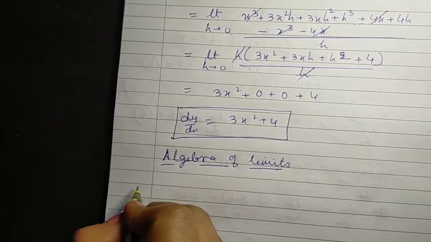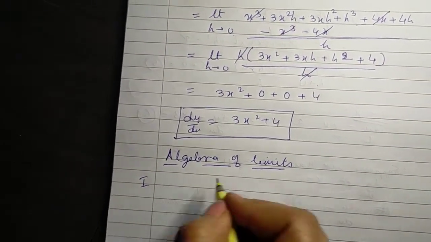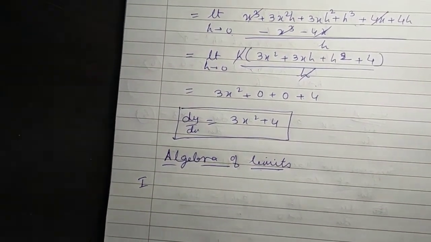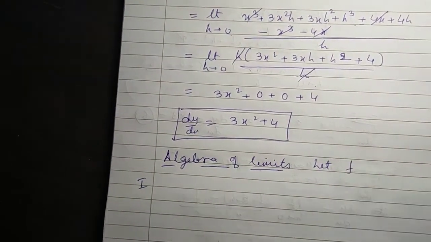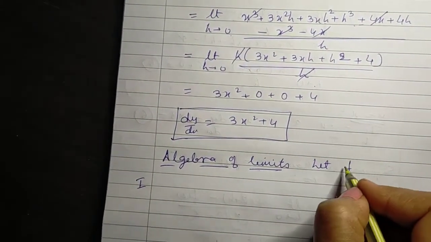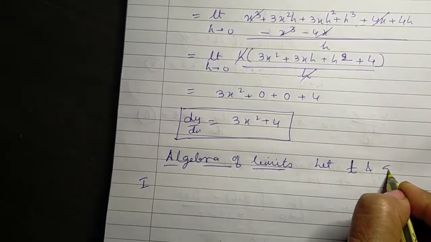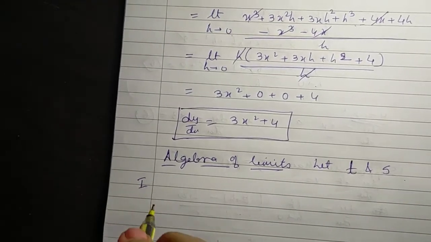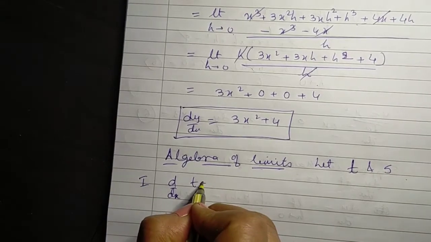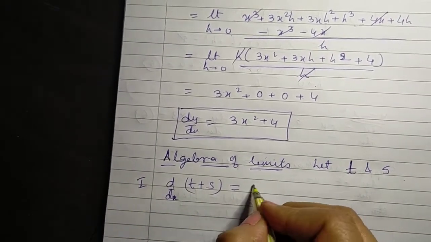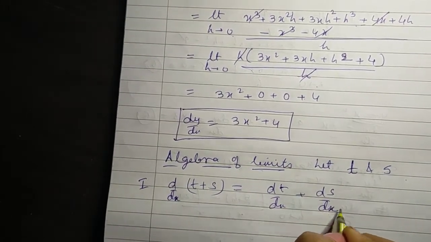Now in the algebra of limits, we have seen three results. First says that if we have two differentiable functions, let t and s be two differentiable functions, then the derivative of t plus s is equal to the sum of the derivatives, as we have seen.